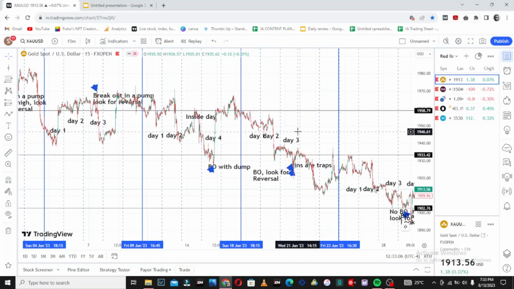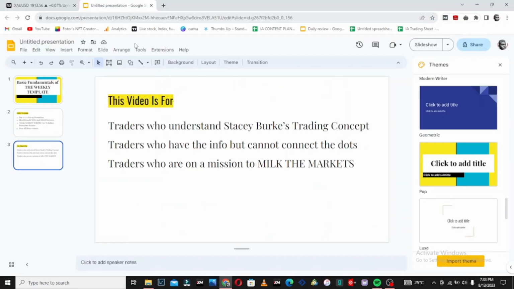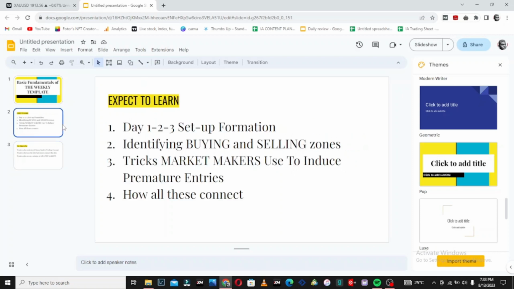Expect a reversal. So I have talked about the day 1, day 2, day 3 setup formation, identifying the buying and selling zones, that is outside of the range; once you have a breakout, that is the buying and selling zone.